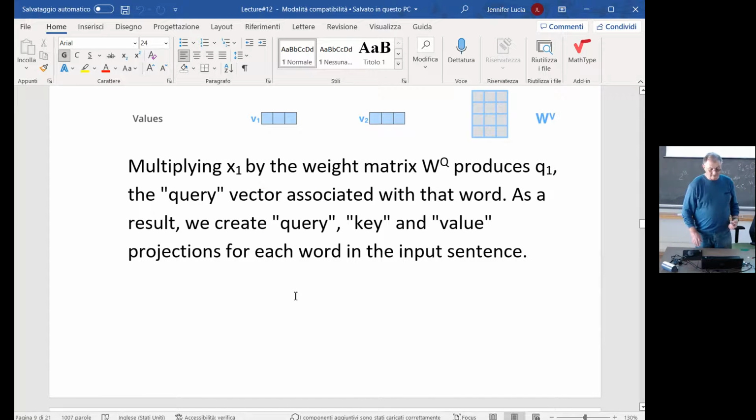Multiplying x1 by, for example, matrix WQ produces Q1, the query vector associated with this word. And WQ is firstly a matrix of random numbers.